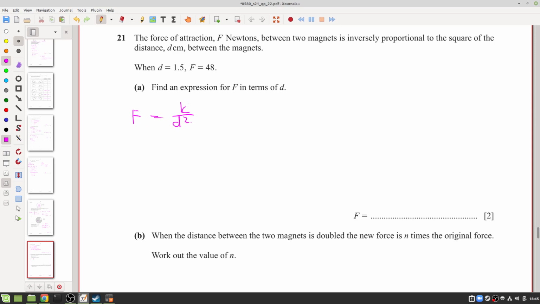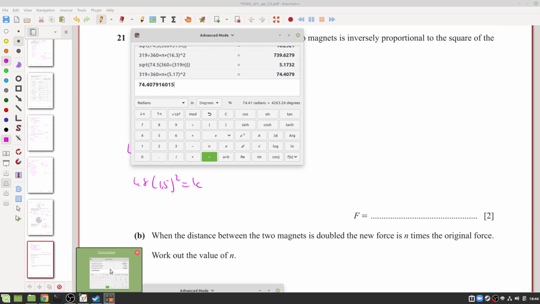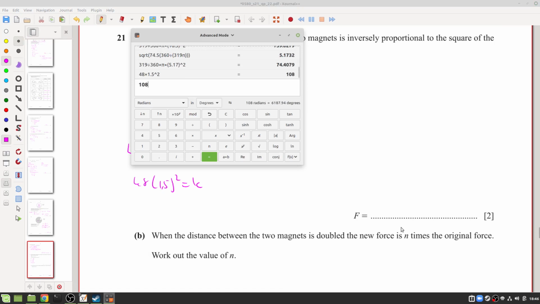These two things are inversely proportional, so it's k over d squared. And we can plug in these values to find the value for k. So 48 equals k over 1.5 squared. So then 48 times 1.5 squared equals k.